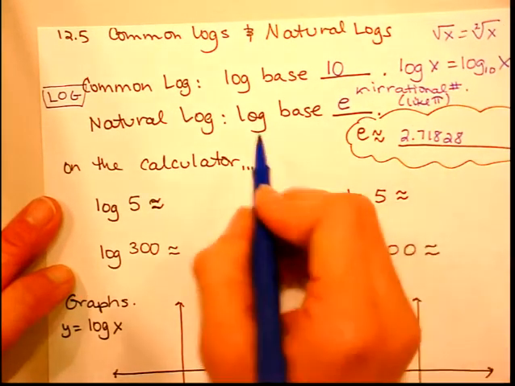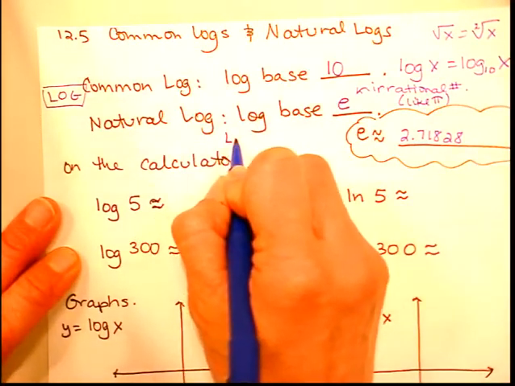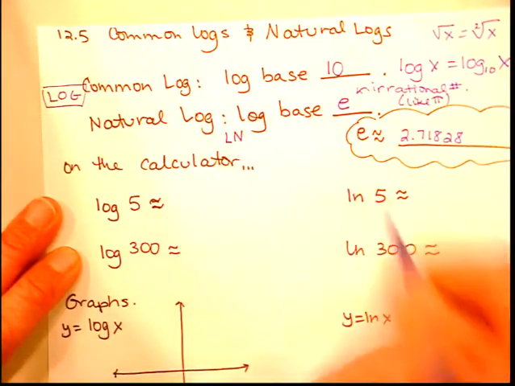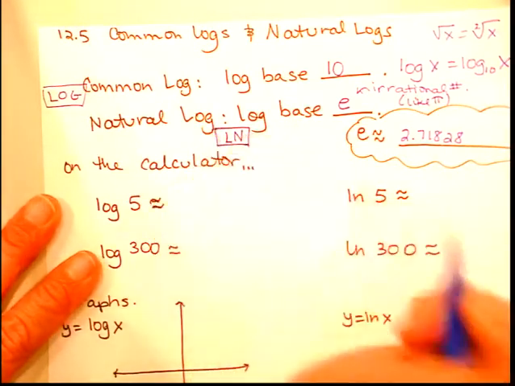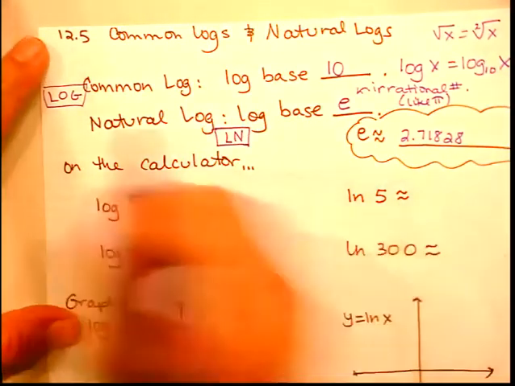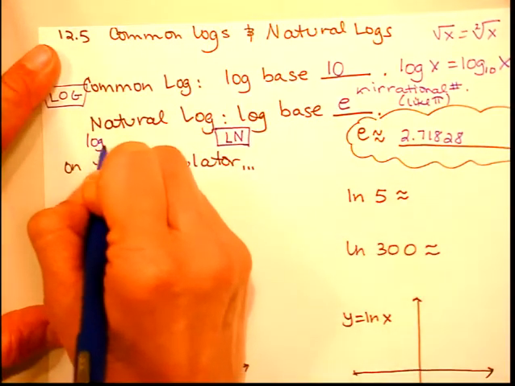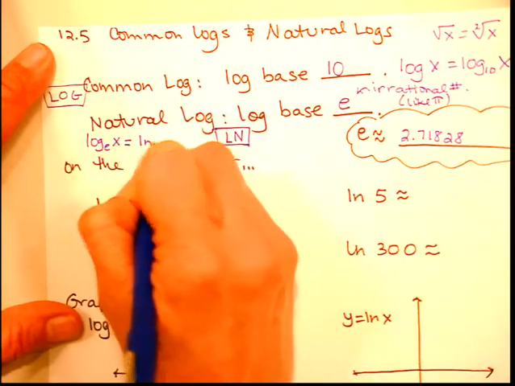The symbol for log base E is ln. That's how it looks on your calculator. So that button that had the capital L and capital N that you were wondering about, it's the natural log. So log base E of x can be written as ln of x.